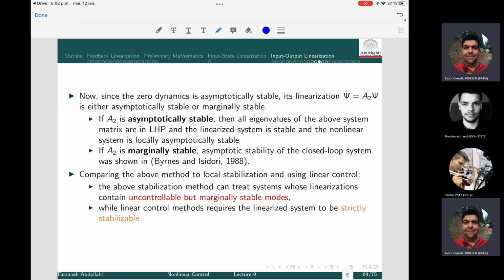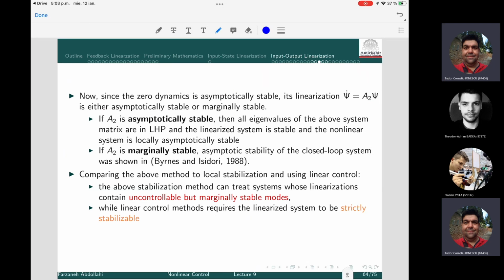Now this is interesting. The above stabilization method can treat systems whose linearizations contain uncontrollable but marginally stable modes. Very interesting, while linear control methods require the linearized system to be strictly stabilizable. So in general, you need your system to be stabilizable.